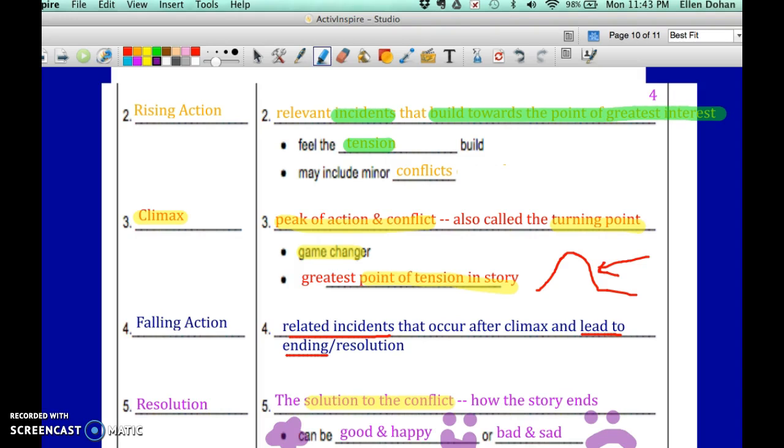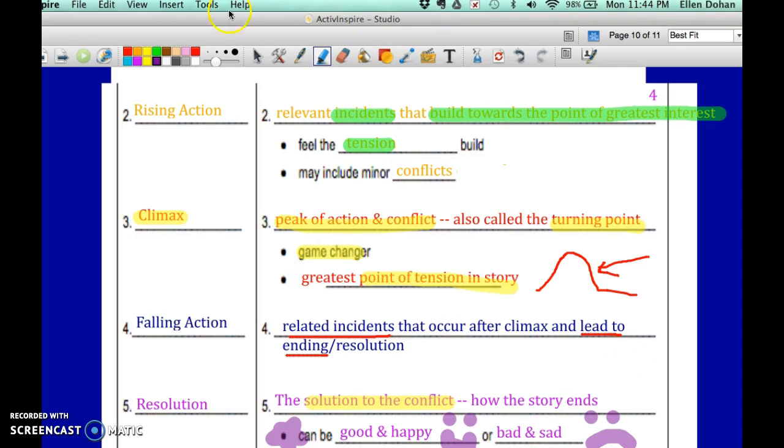It can also depend on what happens to the characters. For example, if there's a conflict between Miss Dohan versus a bear, and the conflict is man versus nature, and Miss Dohan gets eaten by the bear, that's kind of a sad resolution because I got eaten by the bear.